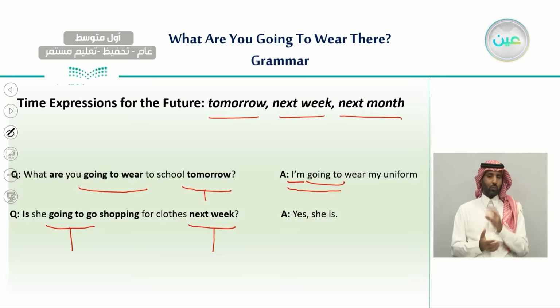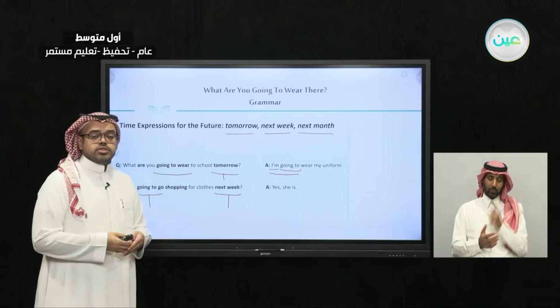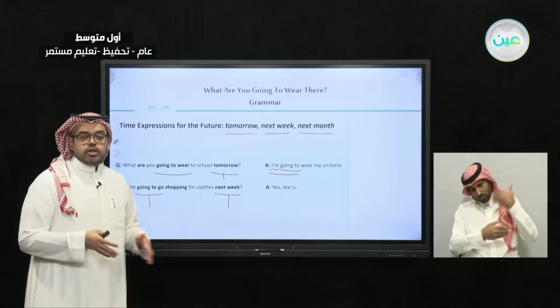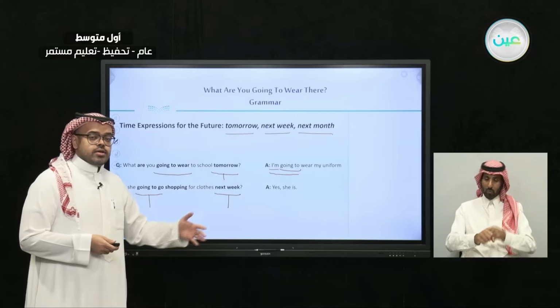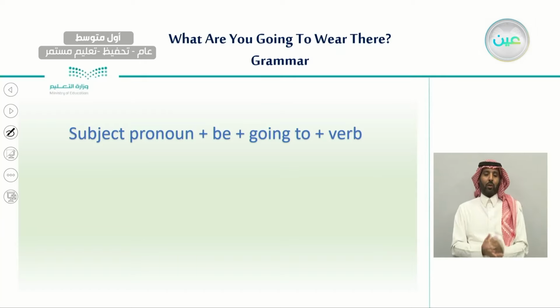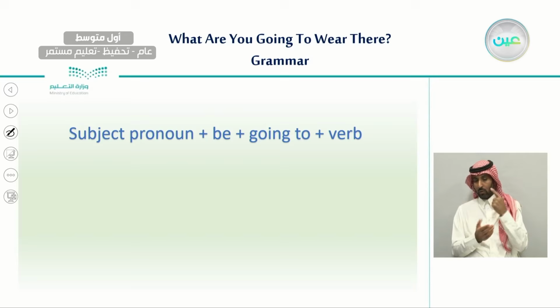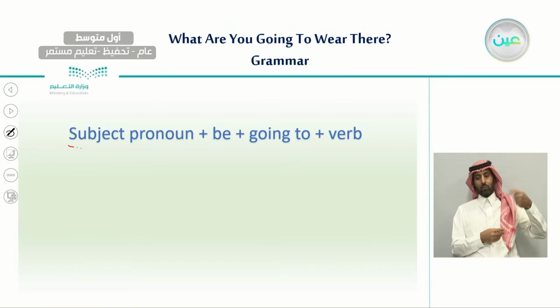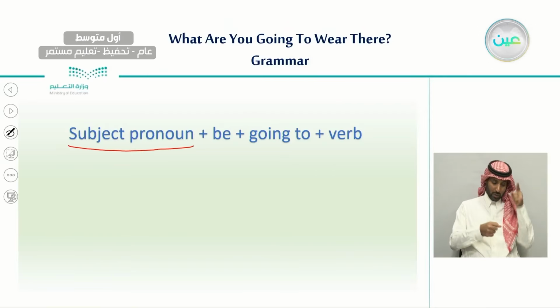And why do we use time expressions? It's to be detailed about when exactly that thing will happen in the future. So this is how we form sentences when we want to use going to for the future. We start with the subject pronoun: I, he, she, it, you, they, we.